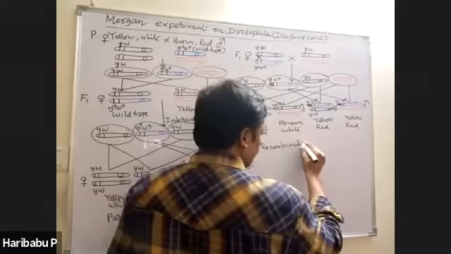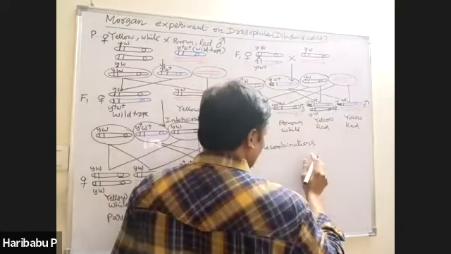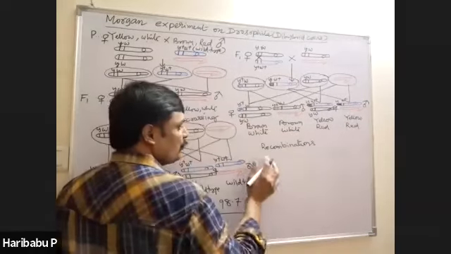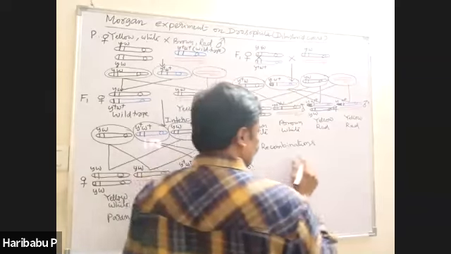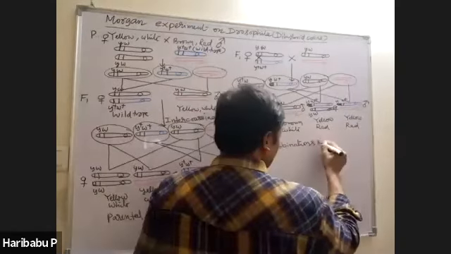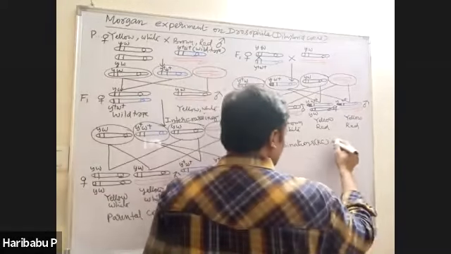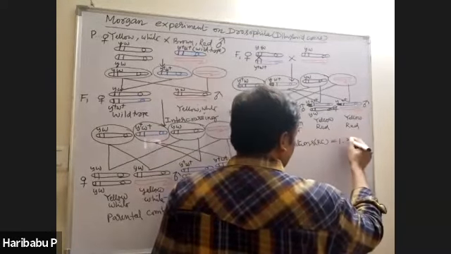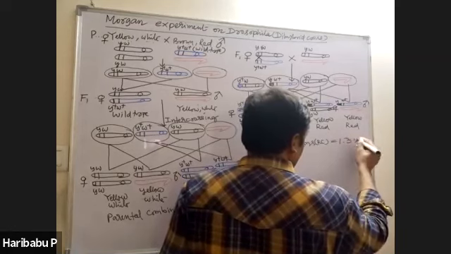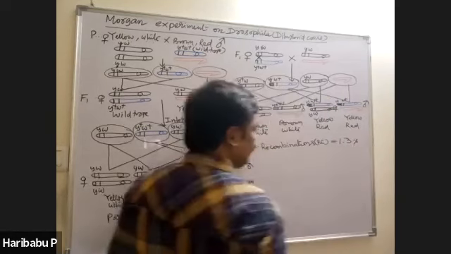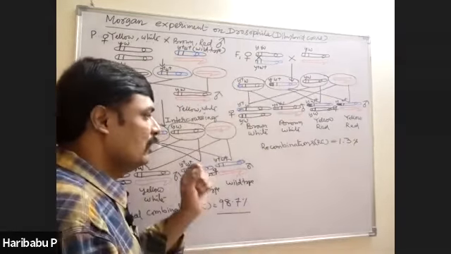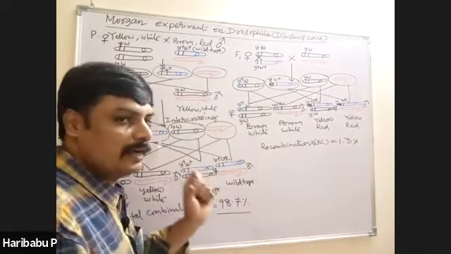Recombinations are new combinations of characters not present in the parents. And the number of recombinations produced here is 1.3% in this cross. Only 1.3%, approximately 1 or 2 flies per 100 flies.